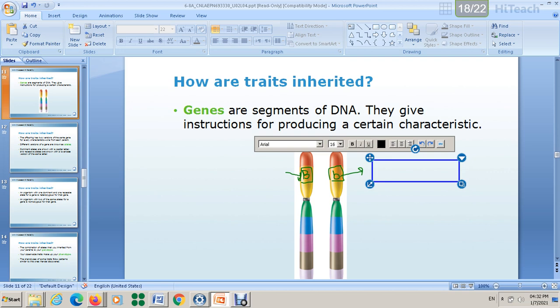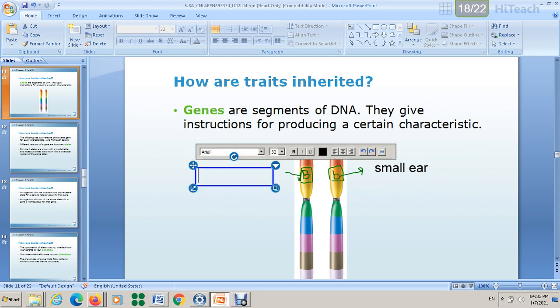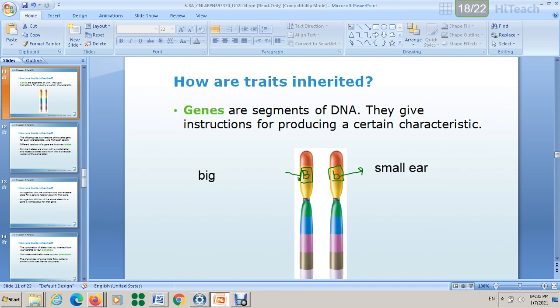This one, small b, is recessive, it's a small ear. And here the B from your mom is big, for a big ear. Which one here is for your ears?